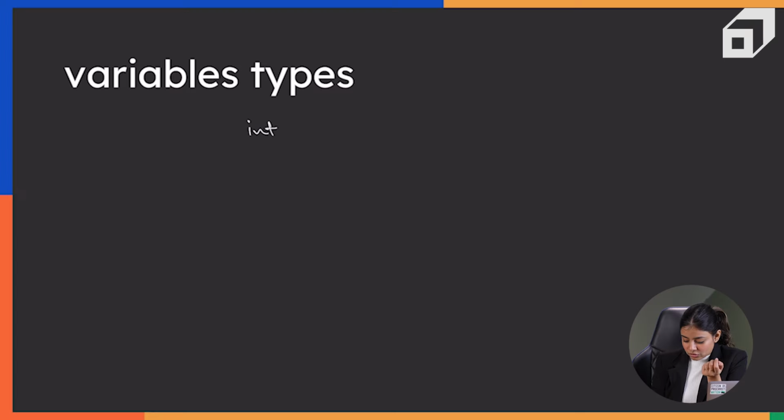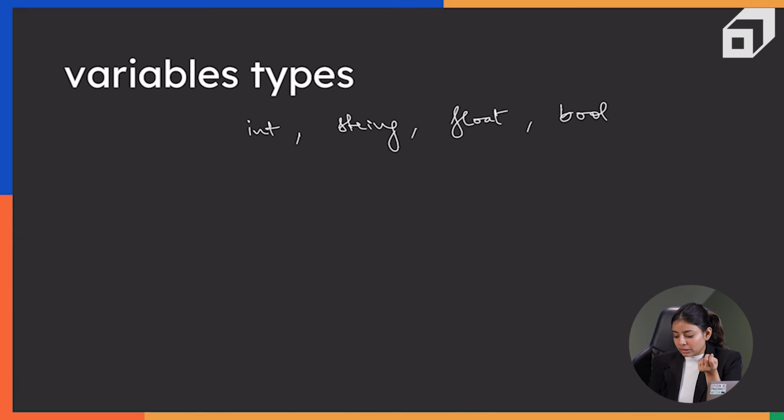That type can be an integer, a string, a float, which is for floating point numbers, or a bool. But Python is considered to be a dynamically typed language, which basically means that we do not need to specify the type of the variable when we create a variable.